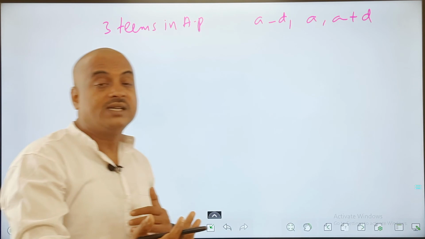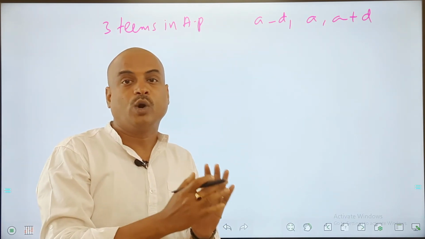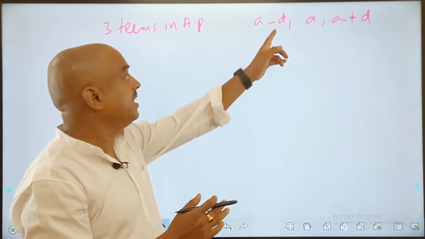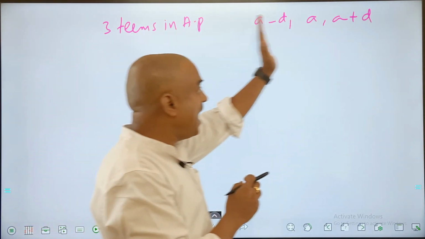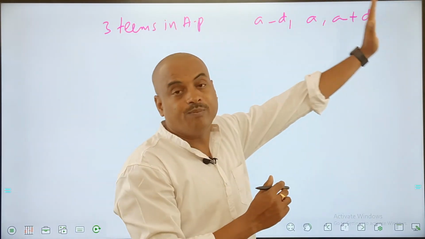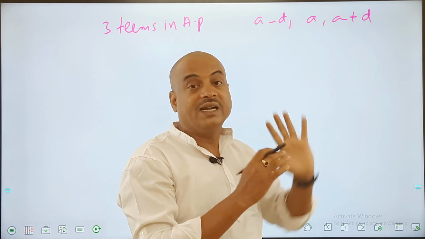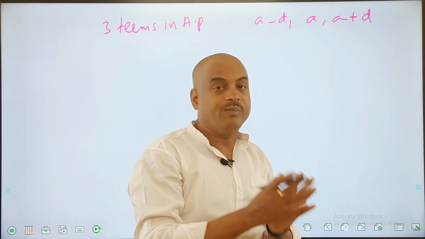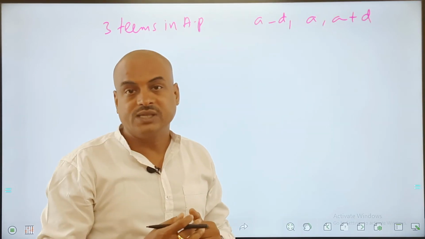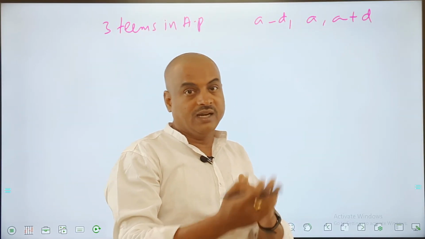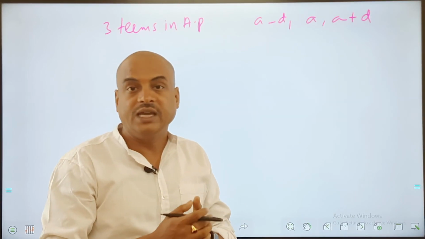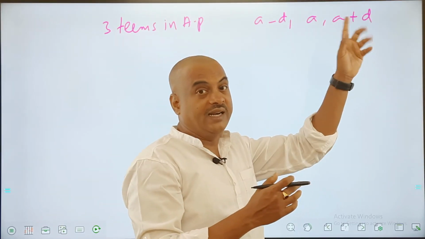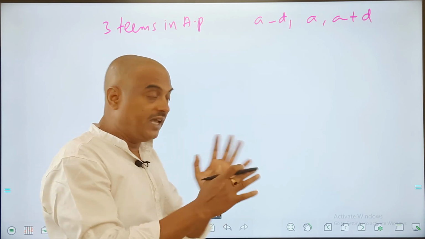Like we discussed earlier, the first term should always be A, but here we are saying you should start with A minus D. The reason behind this is, if I add these 3 terms, minus D and plus D get cancelled. I'll get directly the value of A. For example, if I said the sum of these 3 terms is something like 12, then minus D plus D cancel, 3A is equal to 12 and I get the value of A very easily. So this idea is to get the value of A first.